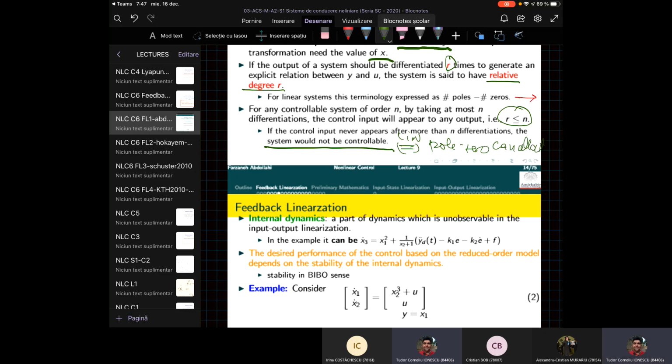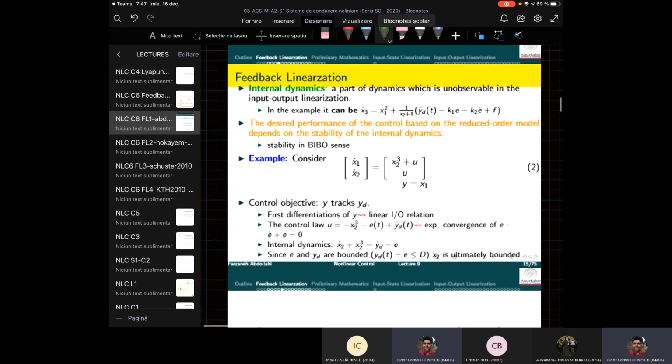I'd like you to check this out yourselves. Take a transfer function which is not irreducible and check these properties, these nonlinear properties. It's very interesting.